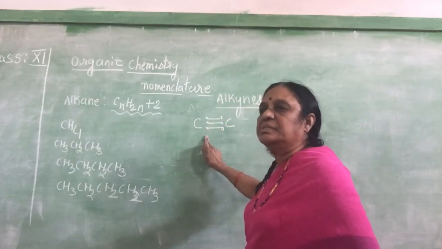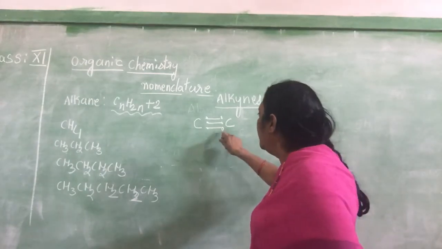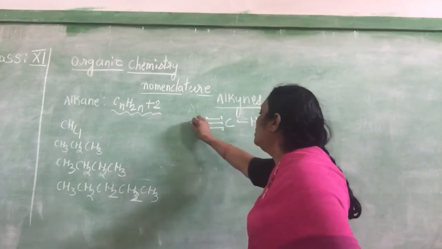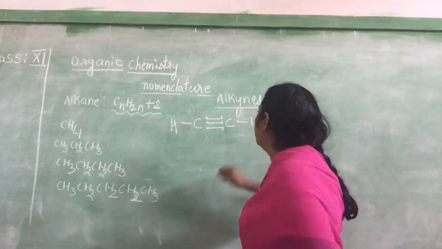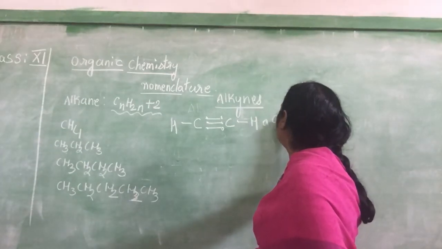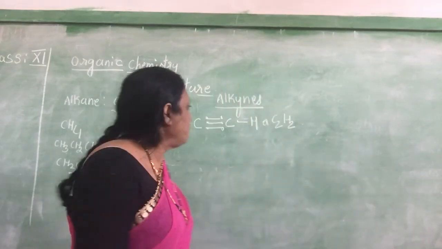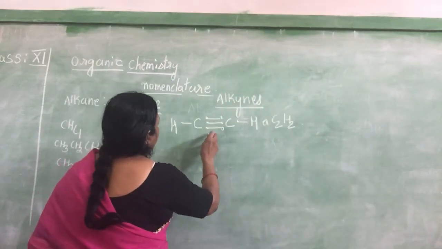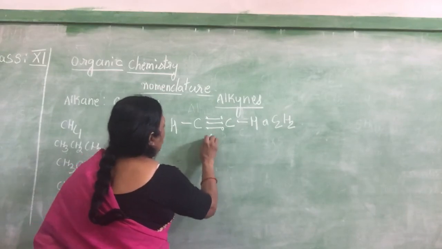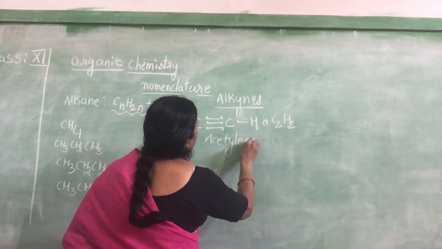Each carbon is involved with 3 electrons in forming a triple bond. 1 electron is left over. So that is with the hydrogen. So the molecular formula is C2H2. Clear, children? Now next, the first member is alkyne, ethyne. This is ethyne, or it is also called acetylene. The common name is acetylene.